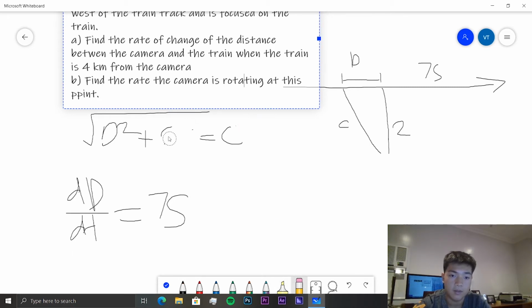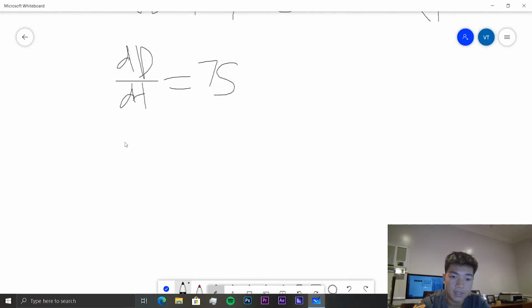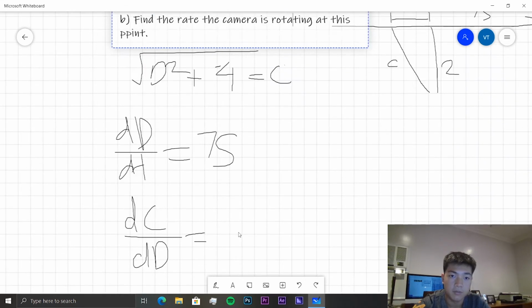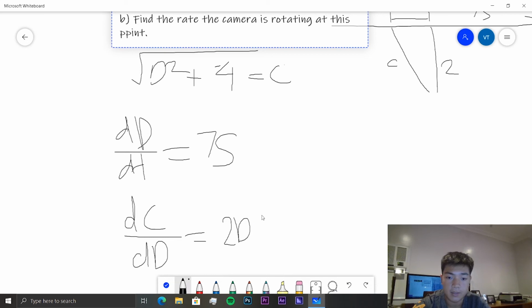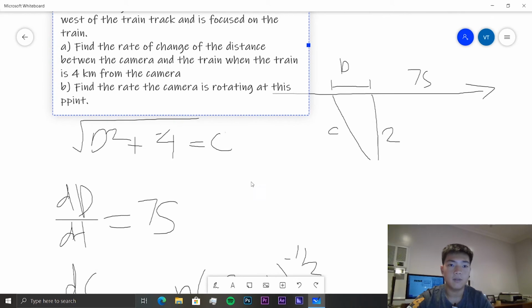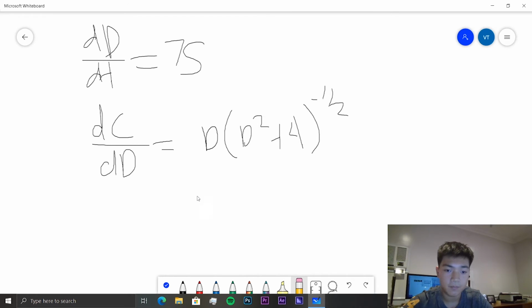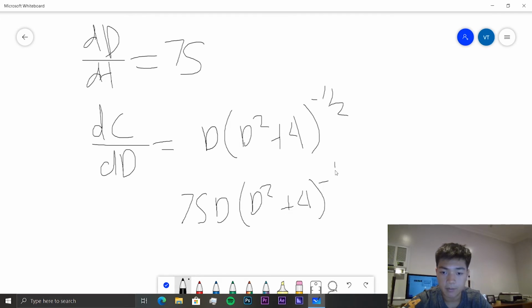In other words, we have dd over dt is 75, and dc over dd is equal to 2d times d squared plus 4 to the power of negative 1/2. So actually this is just d times d squared plus 4 to the negative 1/2. Rate of change of the distance with respect to time, multiply these two, we have 75 d times d squared plus 4 to the negative 1/2.